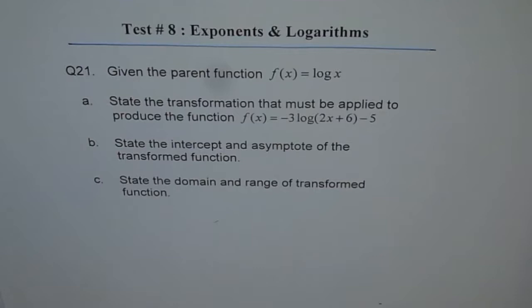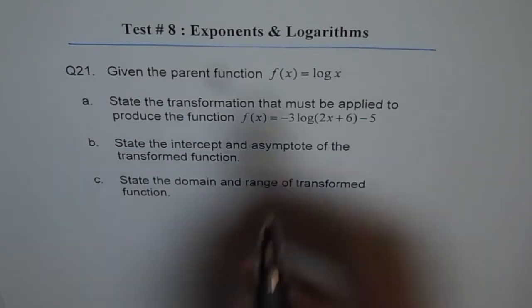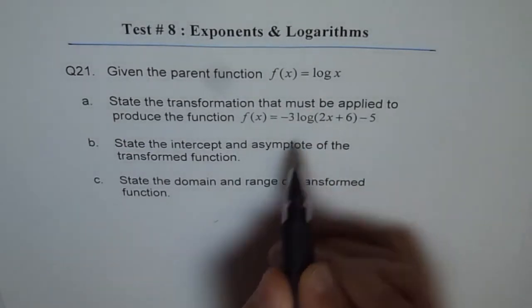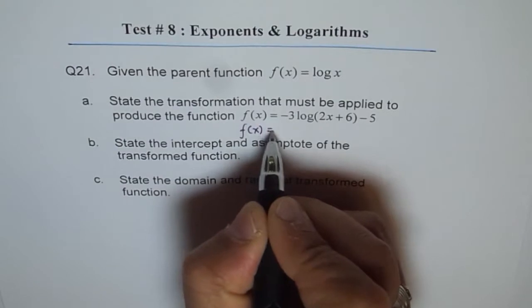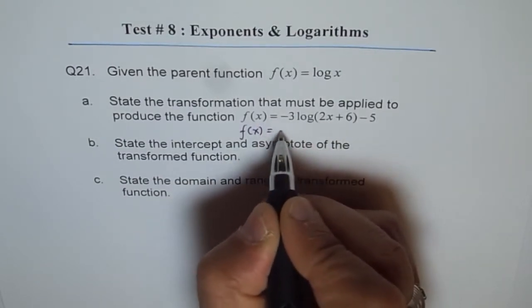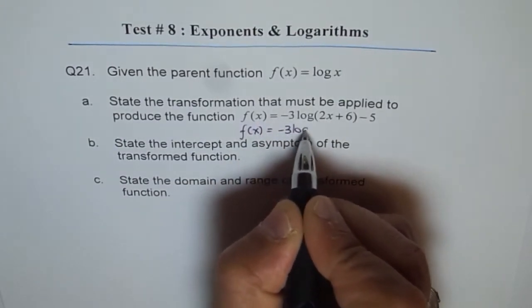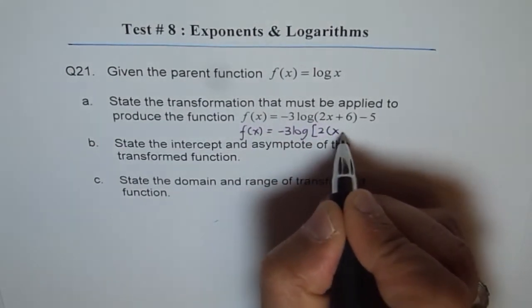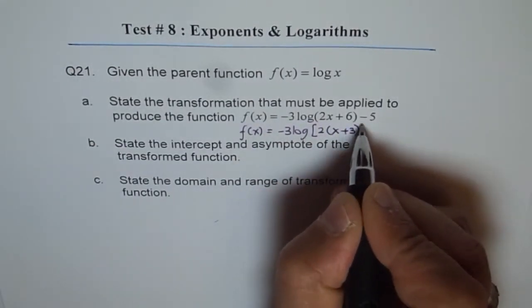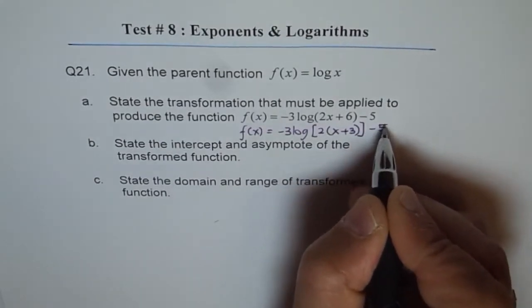I'd like you to do this question on your own, and I'll give you some hints to do it. First and foremost, where I find many students making a mistake is not factoring 2 here. So the first thing you should write is to rewrite the equation by factoring this, which is -3 log of, take 2 common, (x + 3) - 5.